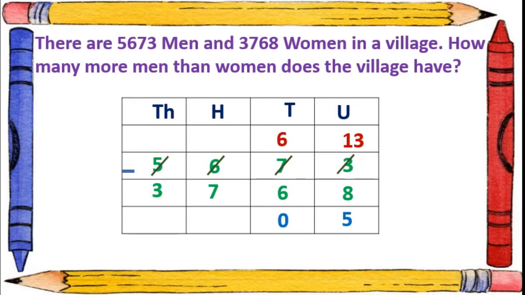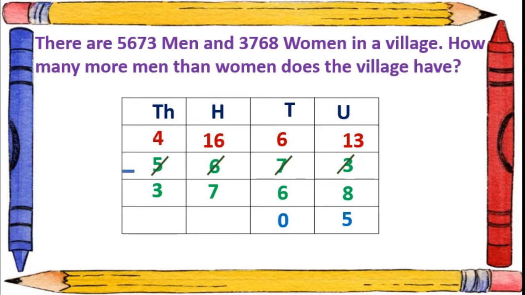This 1,000 plus 600 became 1,600, and here 5 became 4,000 because it is in the thousands place. Okay, now we can subtract 7 from 16.